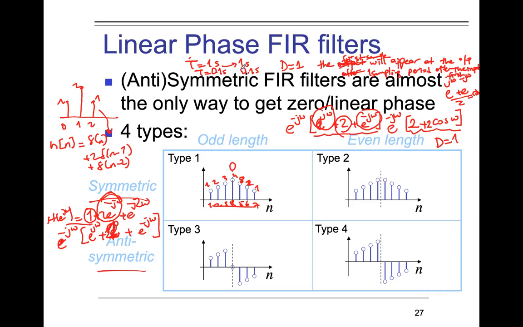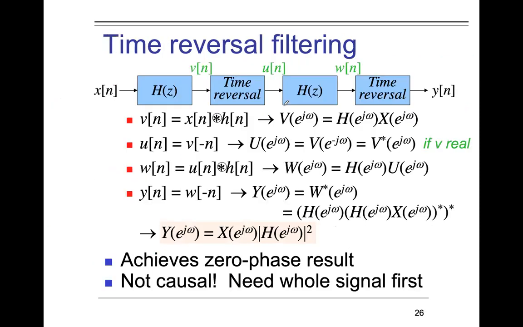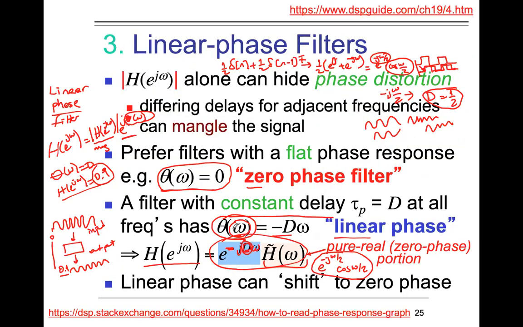How do we deduce the delay is just 1? Is it because of e to the power minus j omega? Exactly. As I explained here, theta omega is equal to minus d omega. This d value will give me the delay amount.